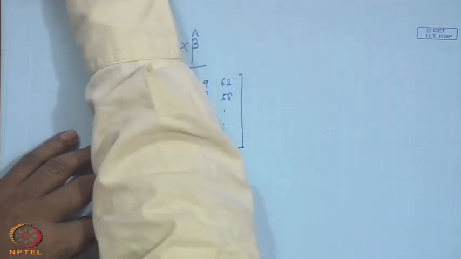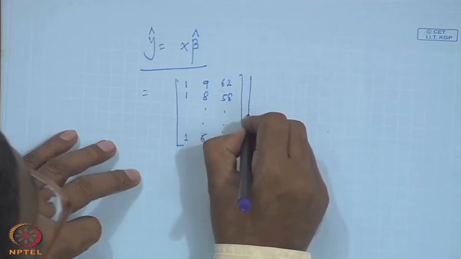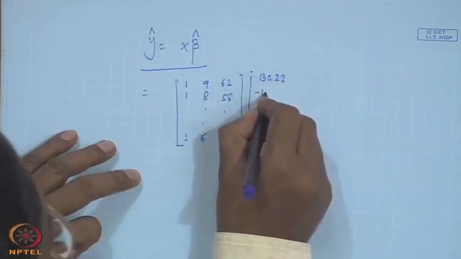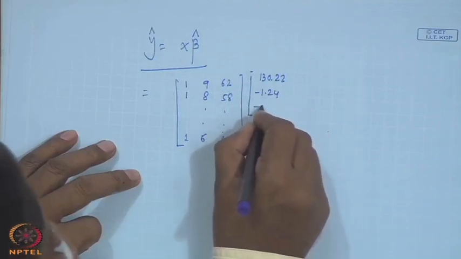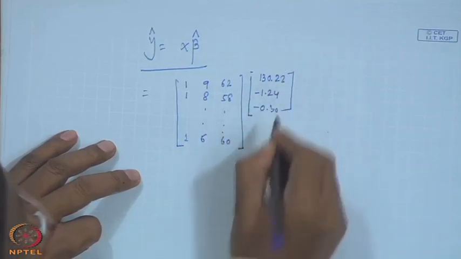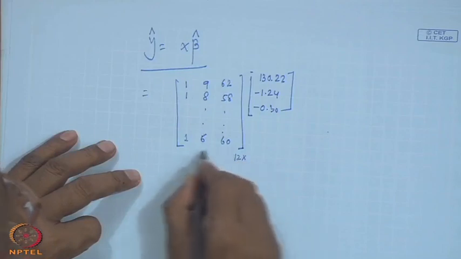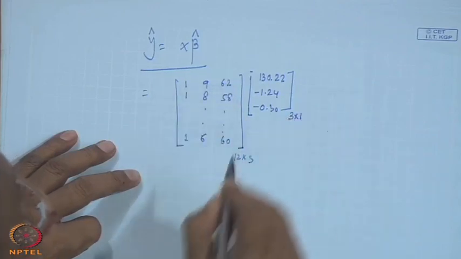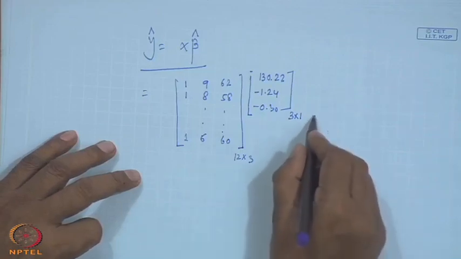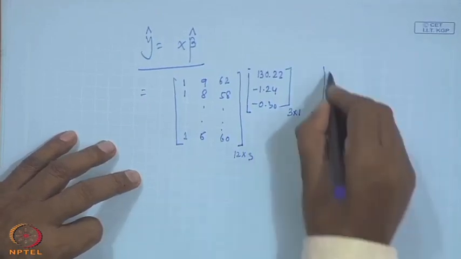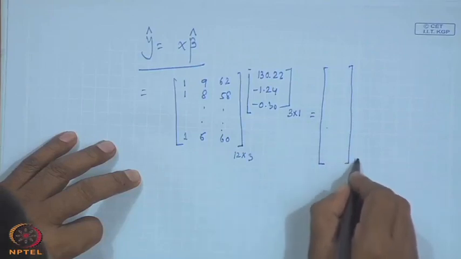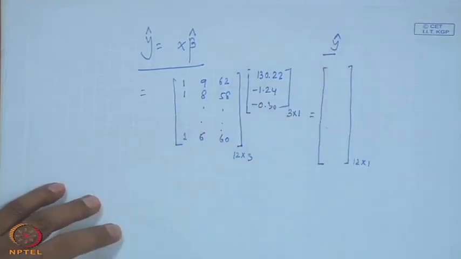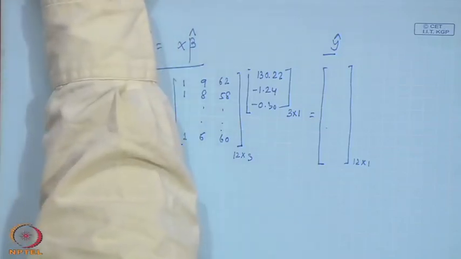You have computed beta cap, which is 130.22, minus 1.24, minus 0.30. So this is 12 cross 3, and this is 3 cross 1. You will get a 12 cross 1 vector of y cap. These are the fitted values.